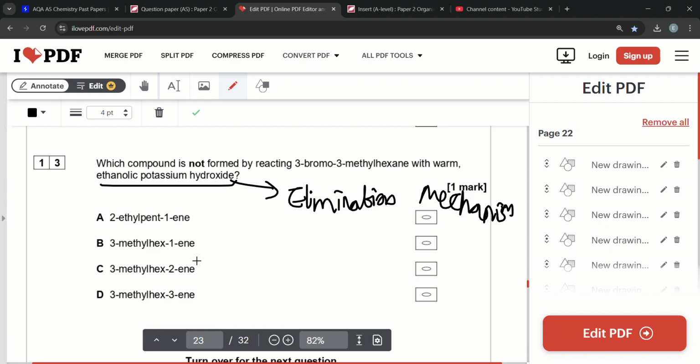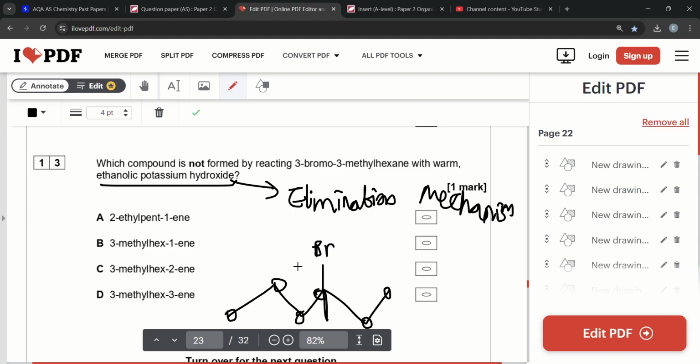But in this case, all of these are alkenes. So 3-bromo-3-methylhexane: methane, ethane, propane, butane, pentane, hexane, 3-bromo, Br, 3-methyl.